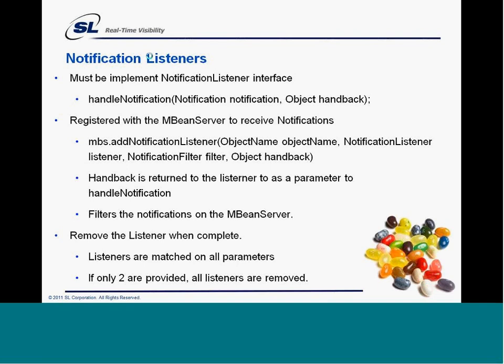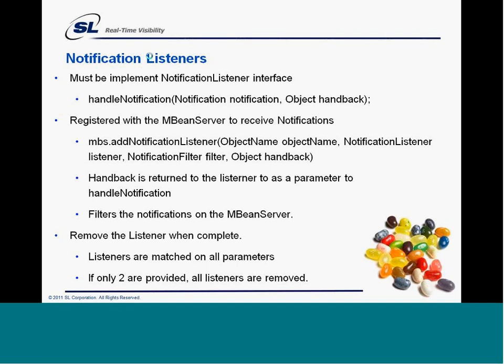So if the MBean is generating lots of notifications, you're going to pay the bandwidth cost within the Coherence grid without the benefit of the filter. If you're going to use filters, realize you're still paying the transport of the notification.